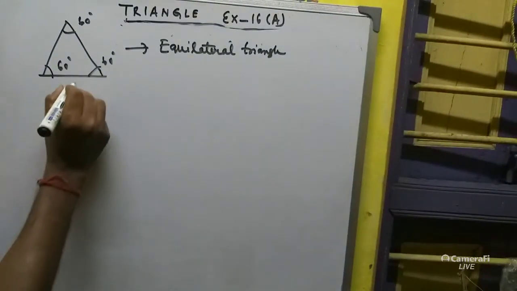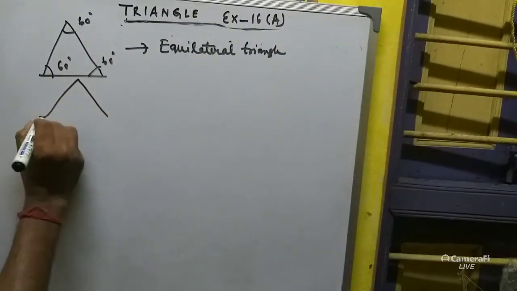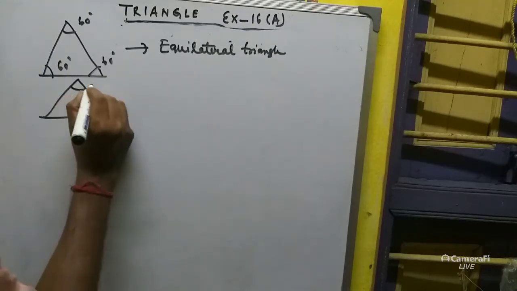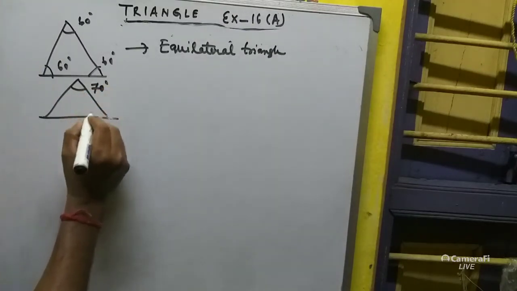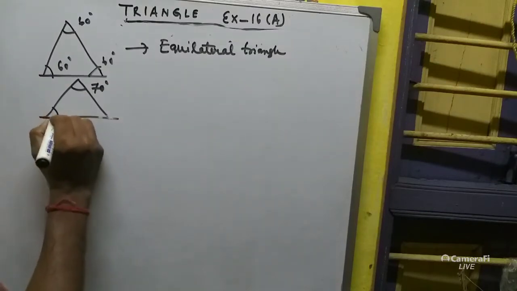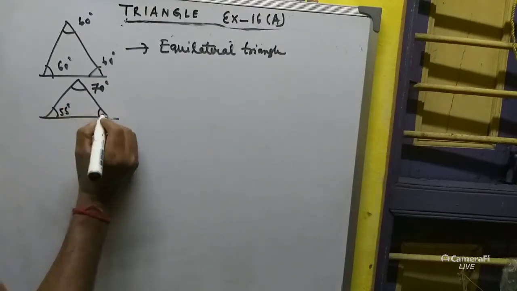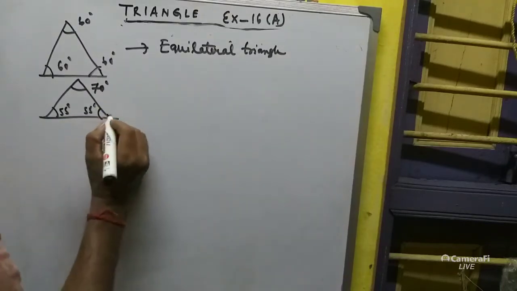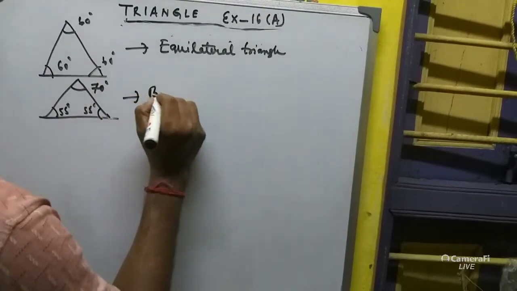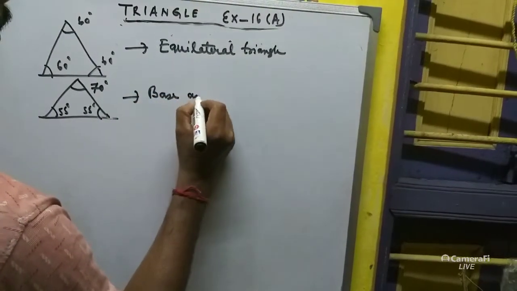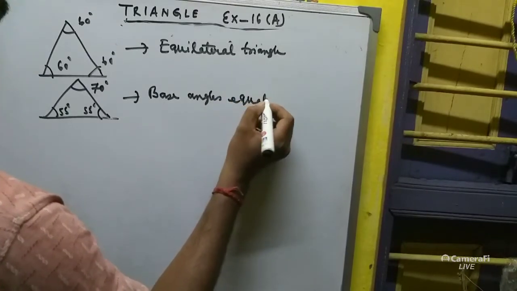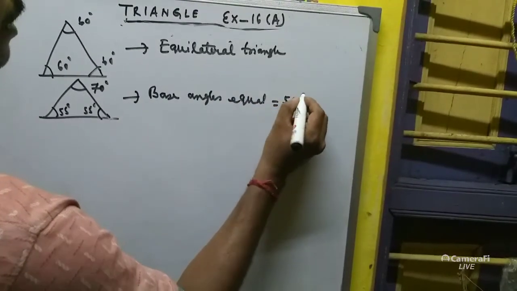So next one. This is 70, 55, 55. The base angles are equal, equal to 55 degrees.